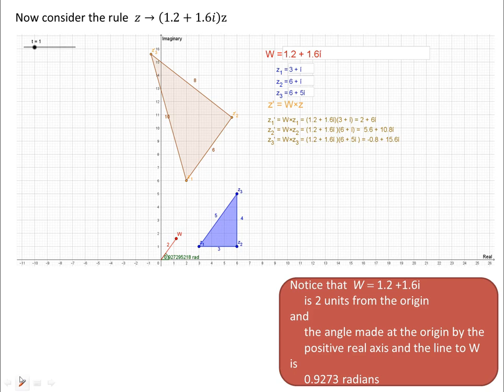And since the sides are twice as long, that enlargement must be an enlargement of scale factor 2. So let's just add a third triangle to our diagram, which is simply the image of the blue triangle after an enlargement of scale factor 2. So there's my image of the blue triangle after an enlargement of scale factor 2.